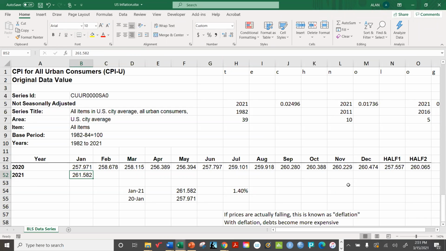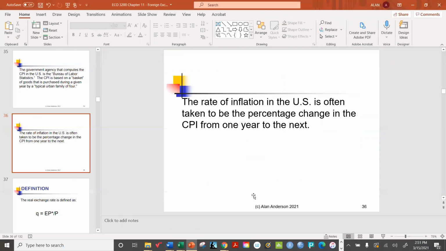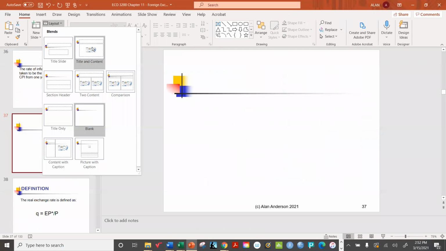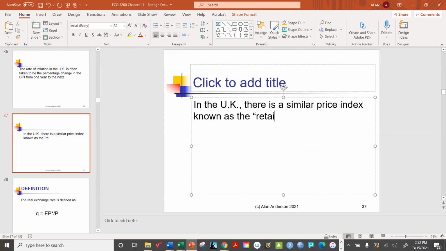So now it turns out that there is a comparable measure in the UK. It's a similar idea, except it has a slightly different name. So in the UK, there is a similar price index known as the Retail Price Index, or RPI.